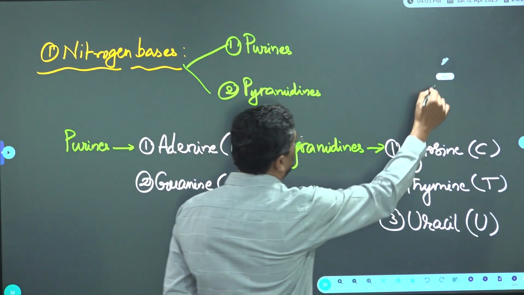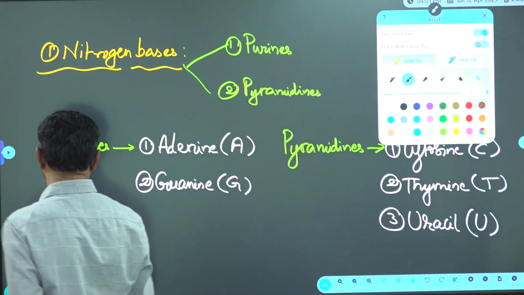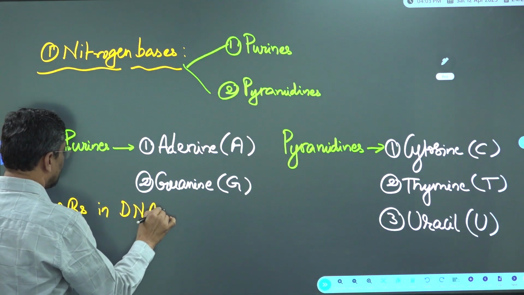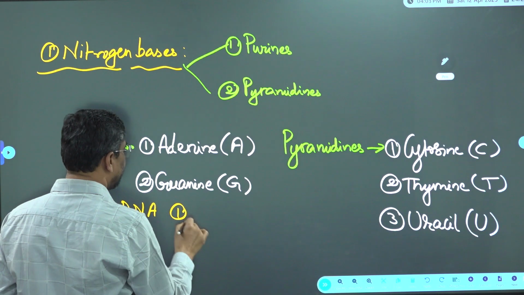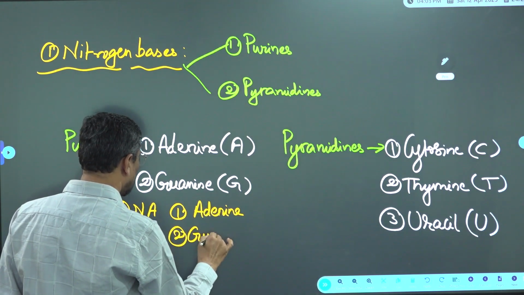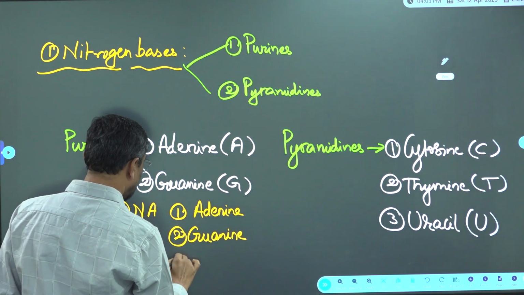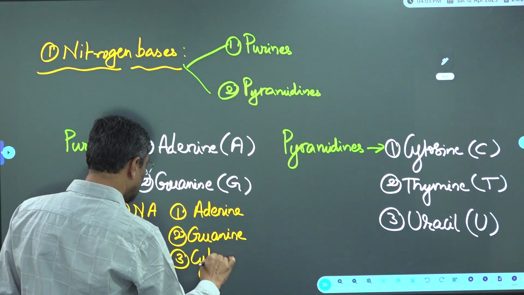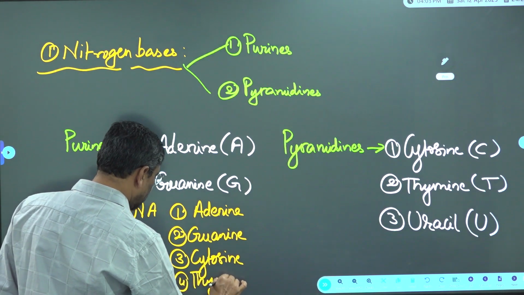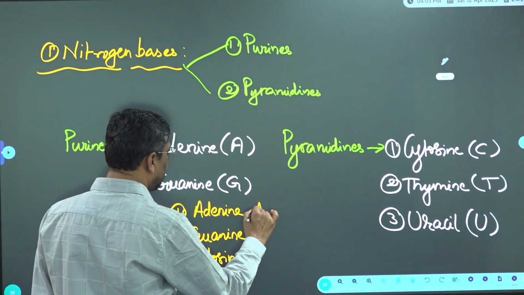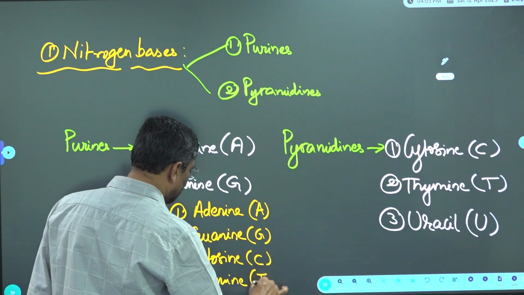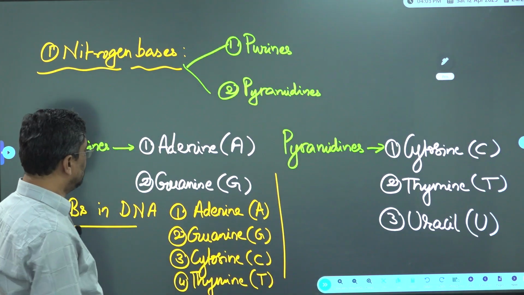Next, let us see the nitrogen bases present in DNA. The nitrogen bases present in DNA are adenine, guanine, cytosine and thymine. That means A, G, C and T. These are the nitrogen bases present in DNA.